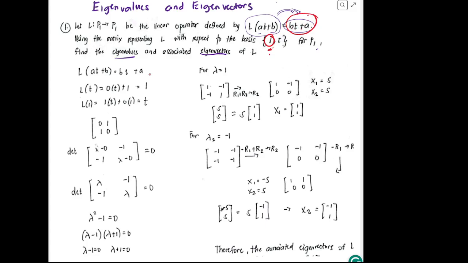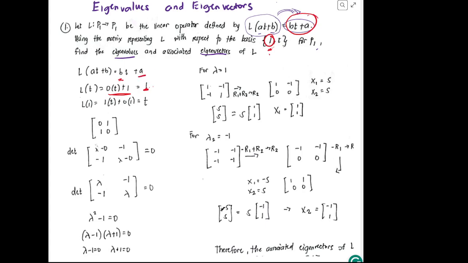Now, for 1 to be the result of the linear transformation, what should be the values of b and a?